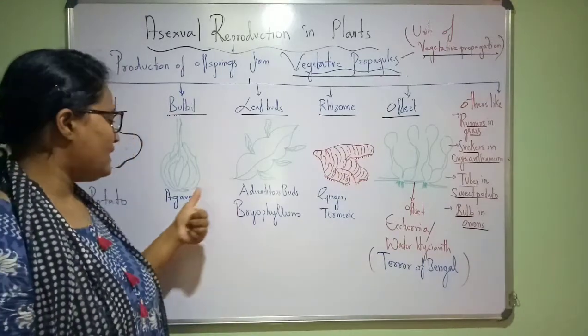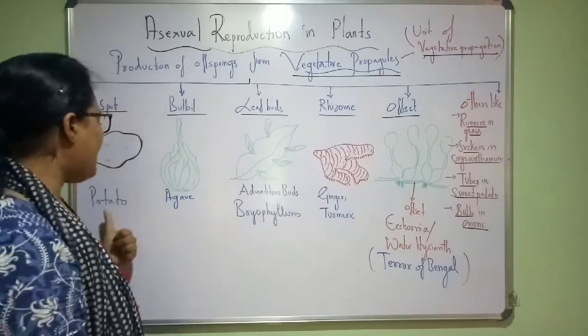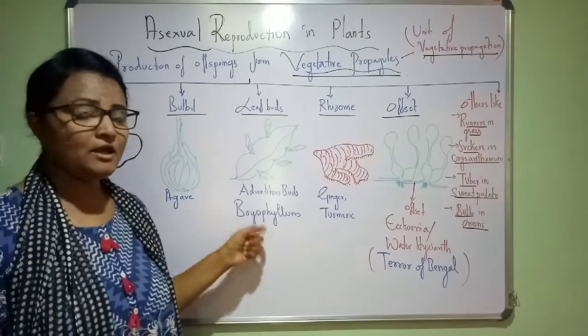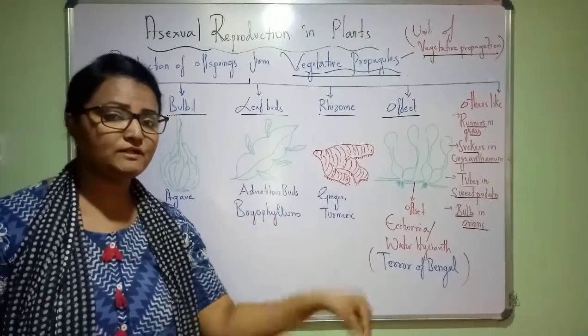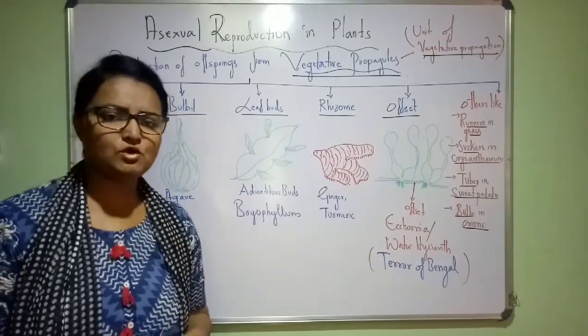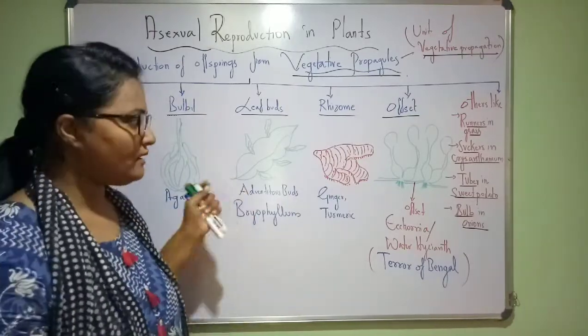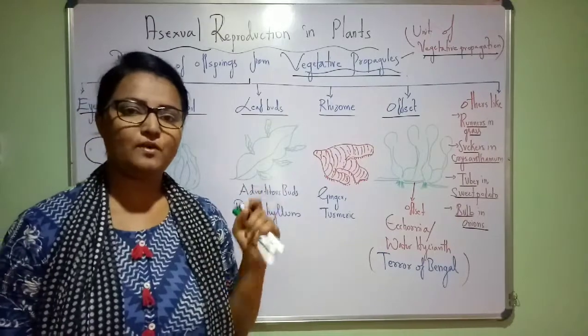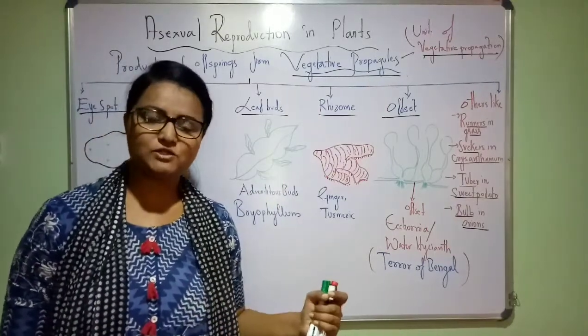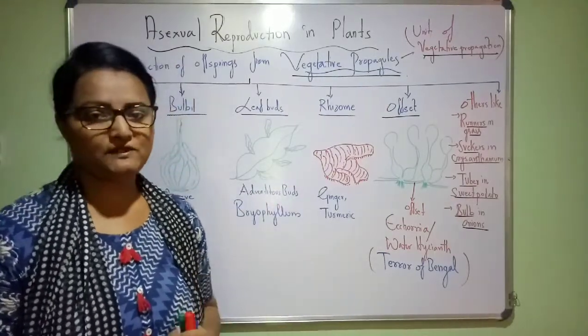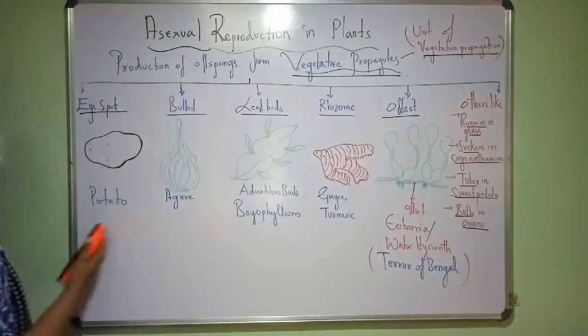They may give agave, ginger, potato, bryophyllum, and you need to write its respective vegetative propagule. Questions like this may come, an important concept. This is our natural vegetative propagation. We will now go to artificial vegetative propagation.